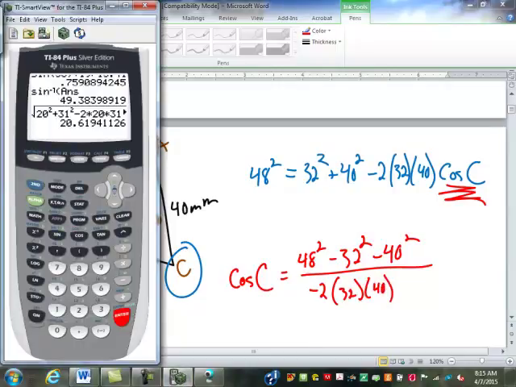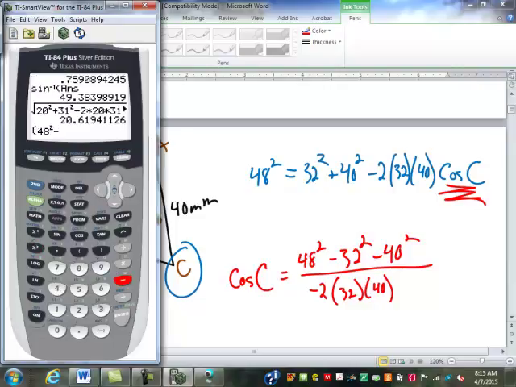So what I'm going to punch in my calculator, I have to use some parentheses. 48 squared minus 32 squared minus 40 squared. Now I'm going to close the parentheses. Oops, helps if I put the 40 on there. So divided by parentheses.